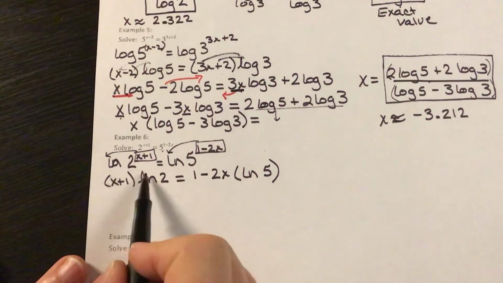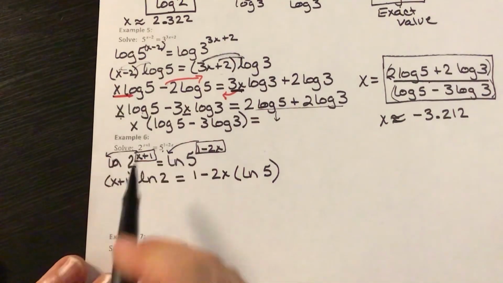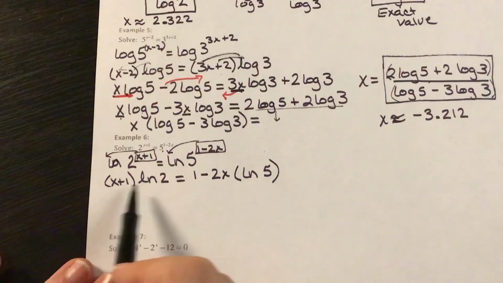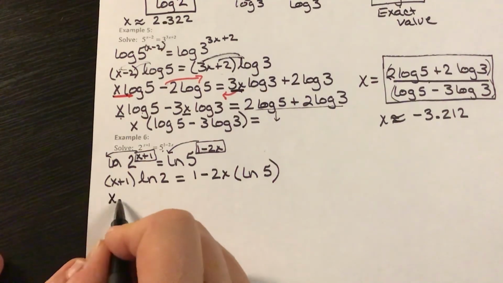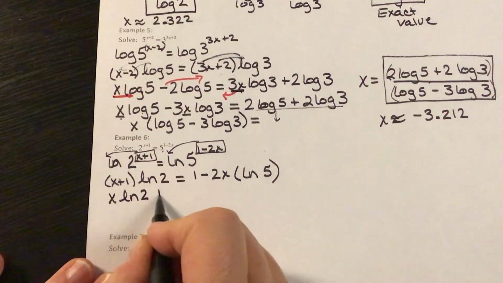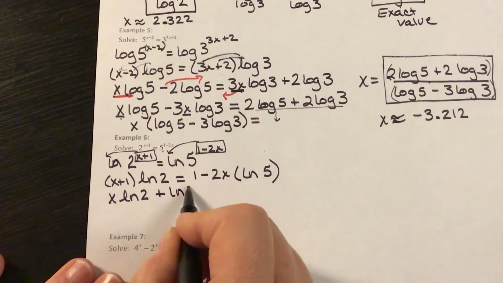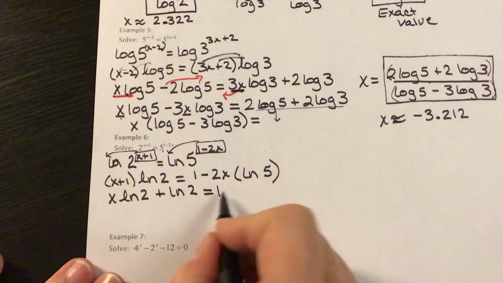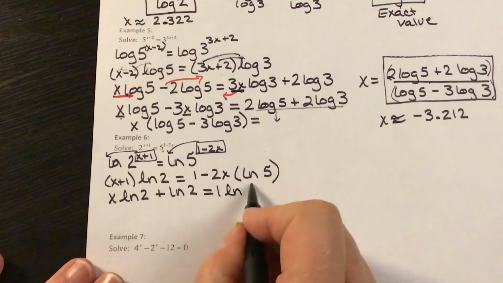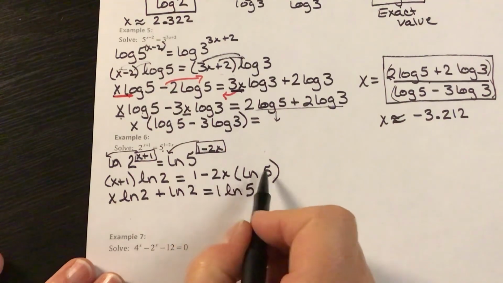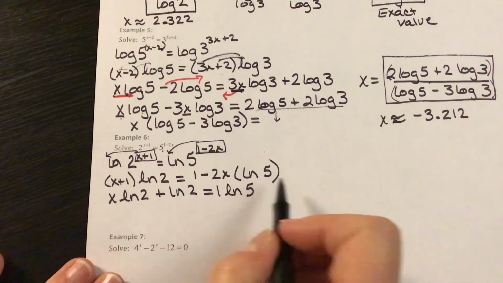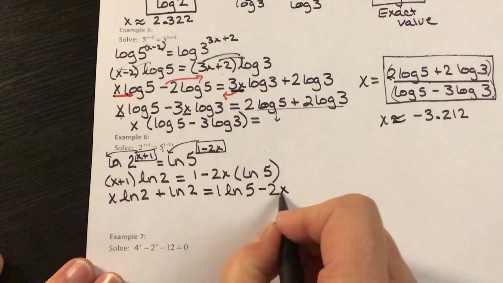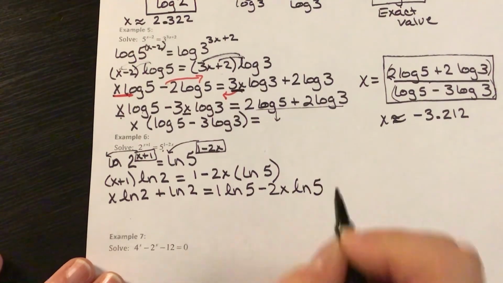Now I'm going to distribute like I did up here. I'm going to make this into two terms. So I have x ln 2 plus 1 ln 2. And then over here I have 1 ln of 5 minus 2x ln of 5.